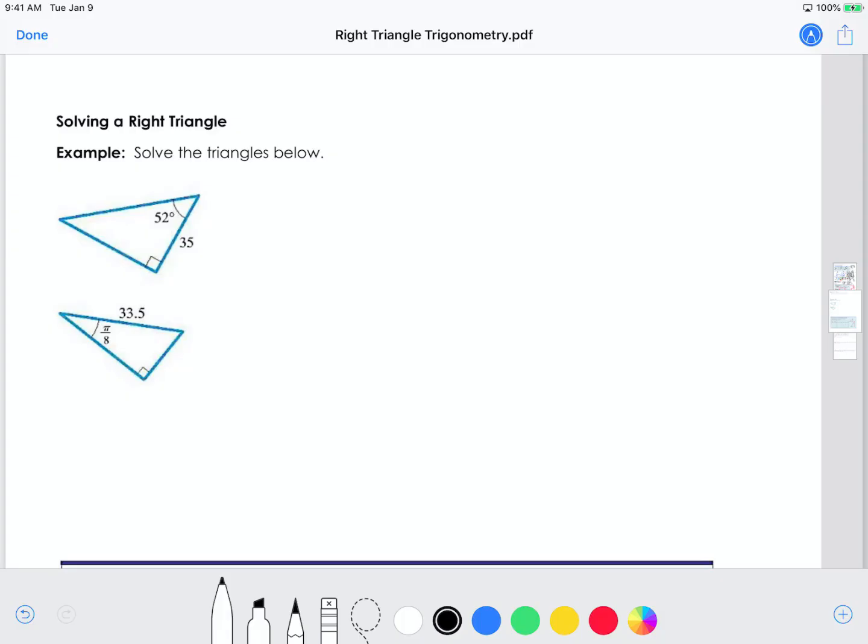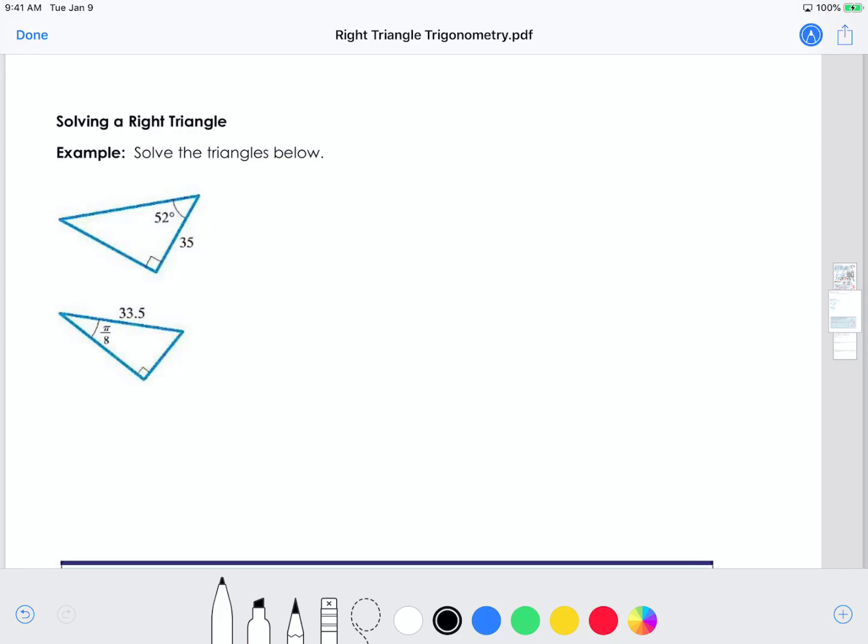Okay, now let's talk about solving a right triangle. To solve a triangle in general, it's just a way of asking you to find the length of all the sides and the value of all the angles. And just a quick refresher from geometry class way back when in high school, you know that the sum of all the angles in a triangle need to add up to 180 degrees.